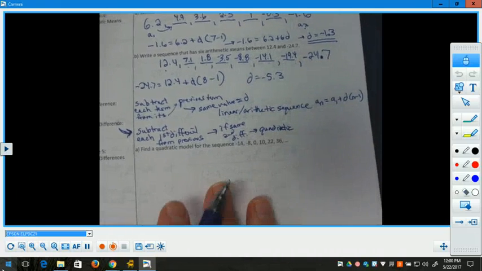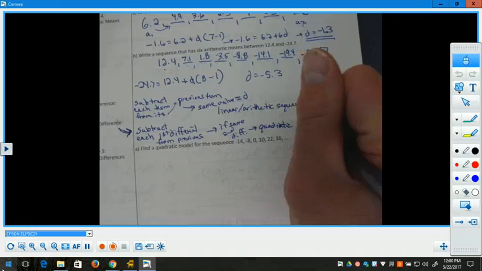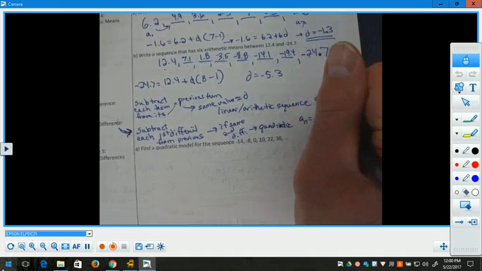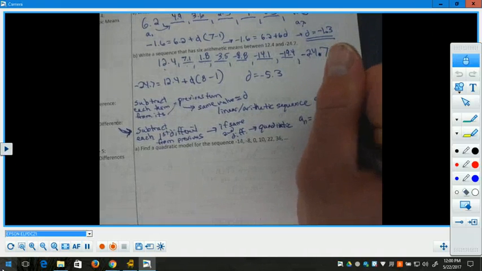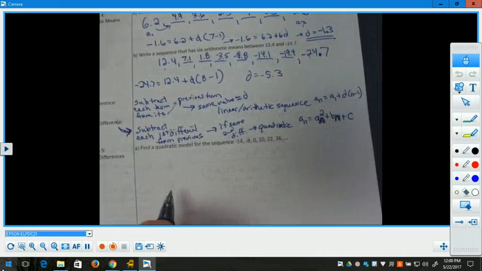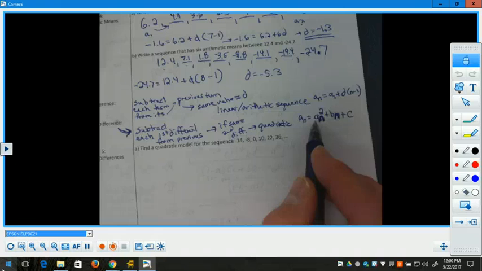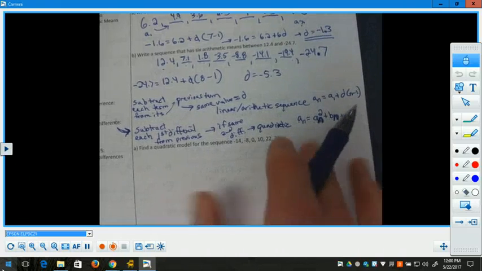And we can actually either figure out the equation or use our technology to help us calculate the equation. But it would be something like a sub n equals a n squared plus b times n plus c. Just like y equals a x squared plus b times x plus c for any quadratic equation.